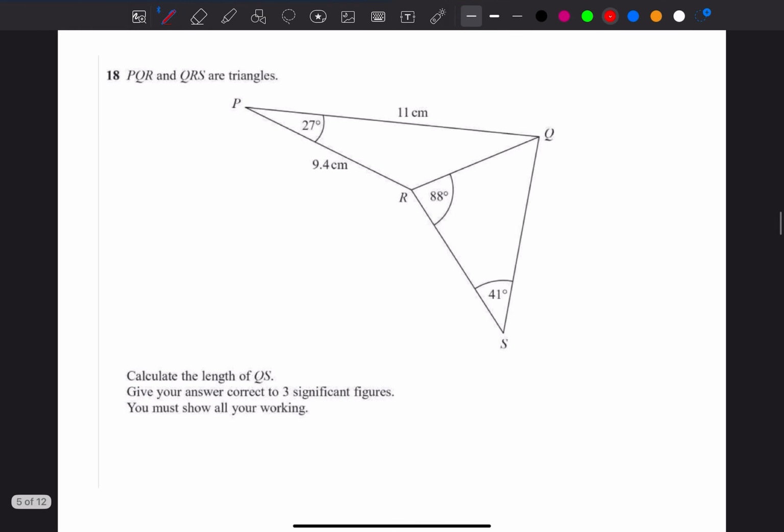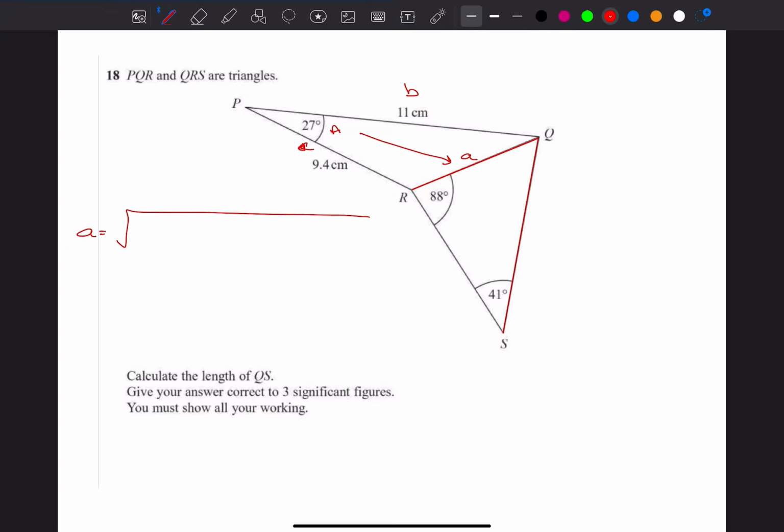Next one. They want the length of QS. QS is this one. From the top triangle, we will find this guy. This is angle A, so this will be your lower case a. This could be b and c then, whatever. So we are finding a, you can call it QR or you can call it a, it's up to you.